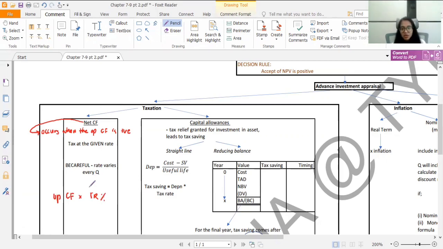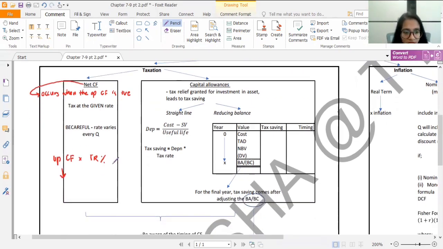Just to remind you, operating cash flow is your sales minus variable cost minus fixed cost. When you multiply by the tax rate, remember that this tax rate is given by the examiner. In the question, you will definitely find the tax rate in the other information or somewhere in the scenario.